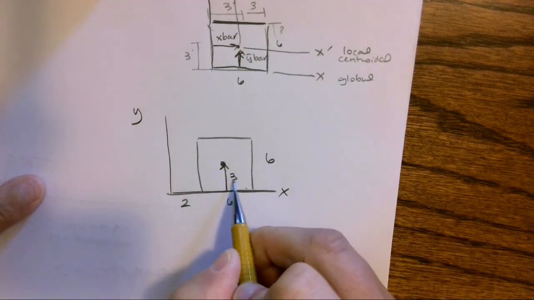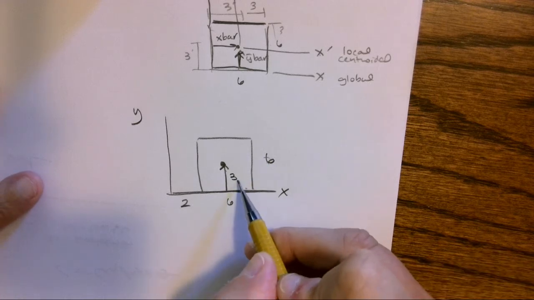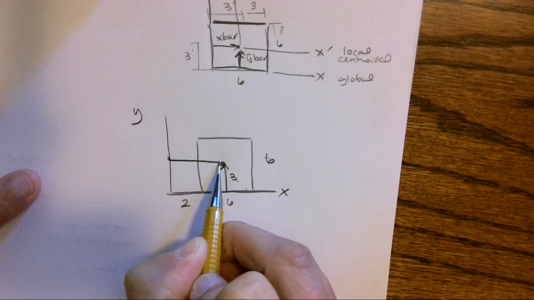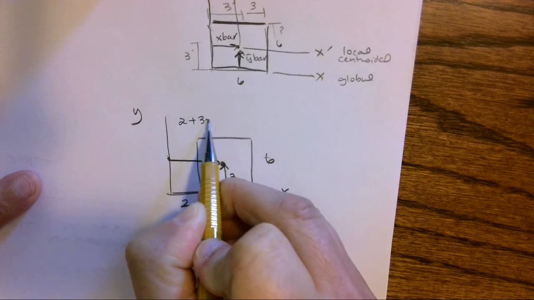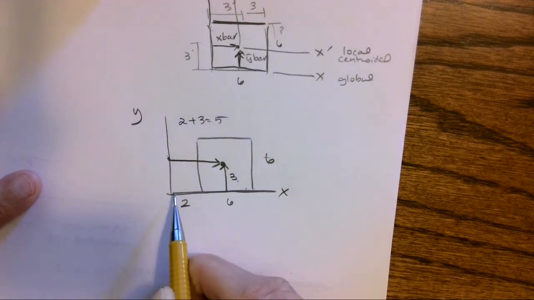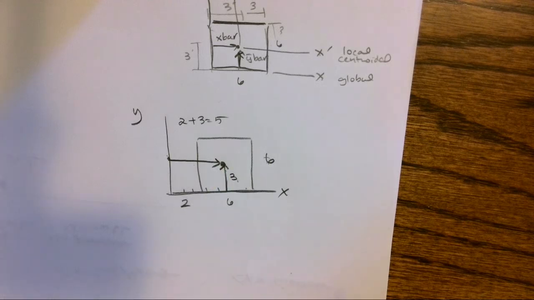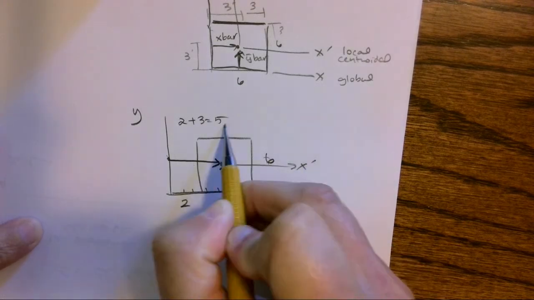The math is easy to do. 6 divided by 2. Okay. If I'm coming from my global y-axis, then the centroid is actually going to be located at 2 plus 3, which is 5, because I'm having to march 1, 2, 3, 4, 5 over to get to where that centroid is located. So again, this would get us our x prime and our y prime.